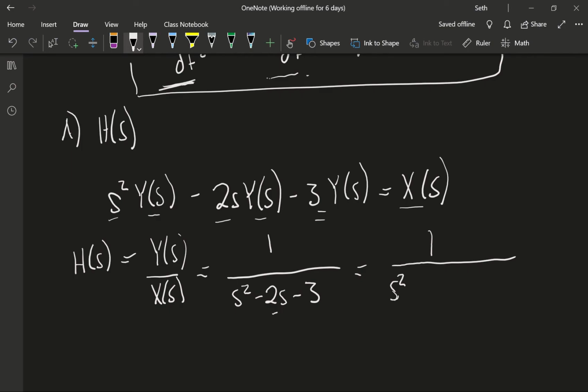In case you forgot, we want to find two numbers that equal negative 2 when we add them and equal minus 3 when we multiply them. So minus 3s plus 1s minus 3.